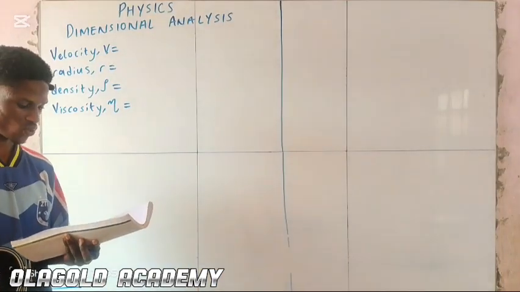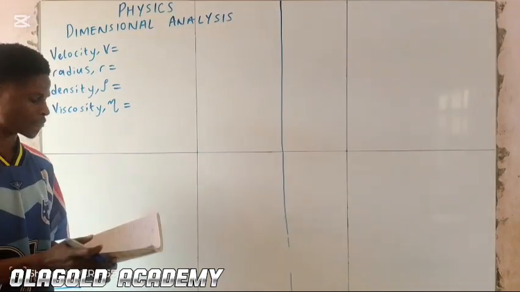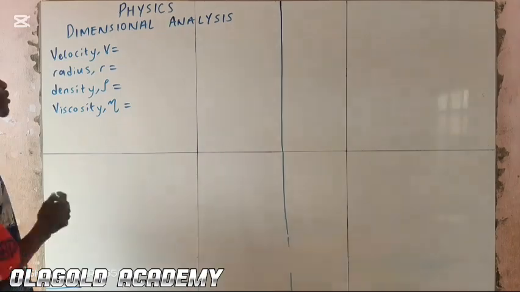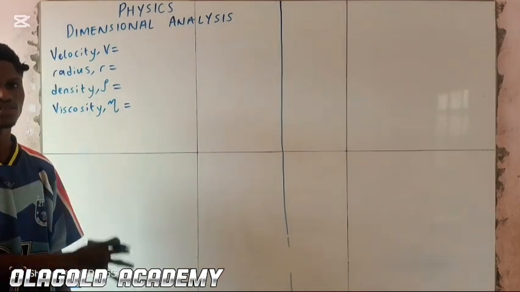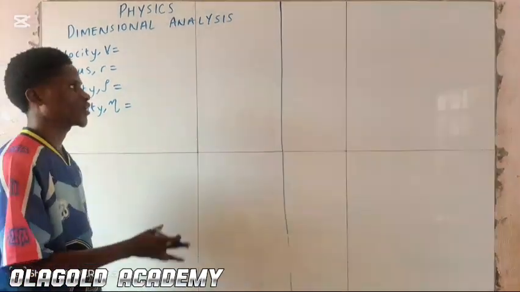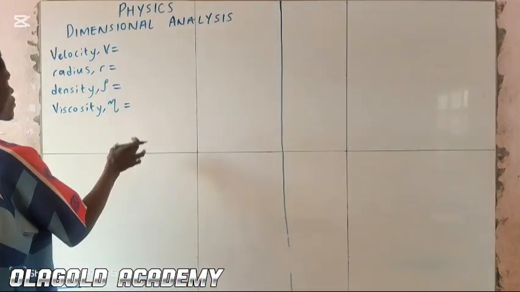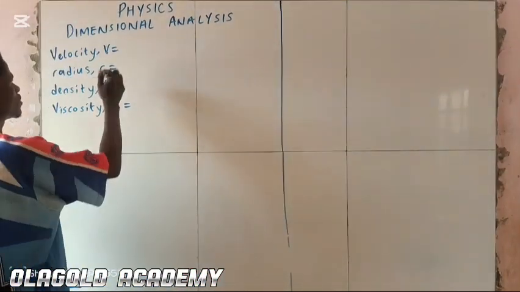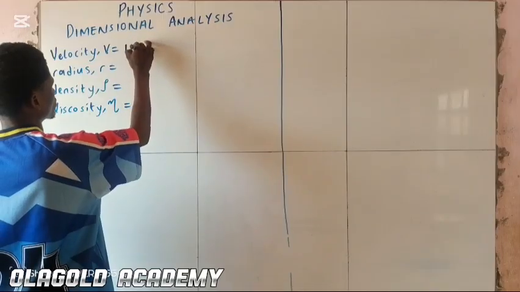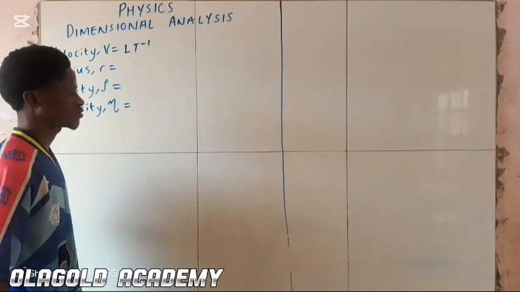Yes, that is all. Alright, so the next task is to write their dimension, to obtain their dimension. The dimension for velocity is LT raised to power minus 1.